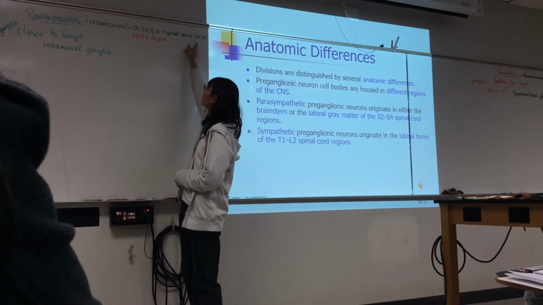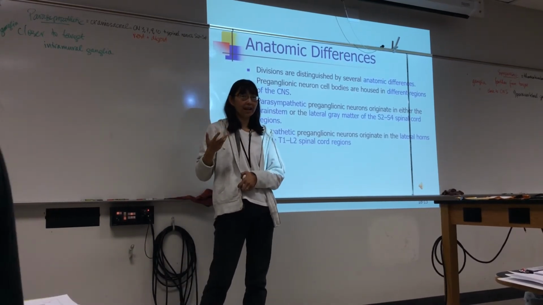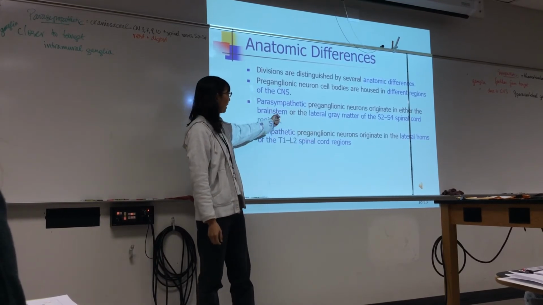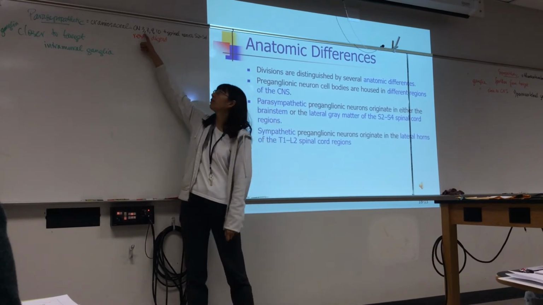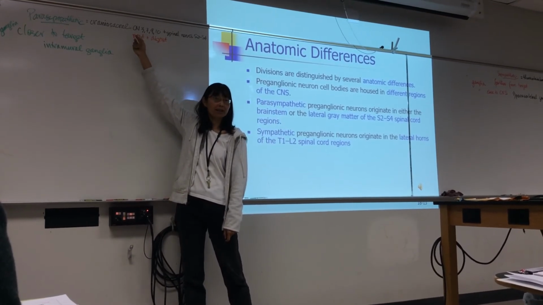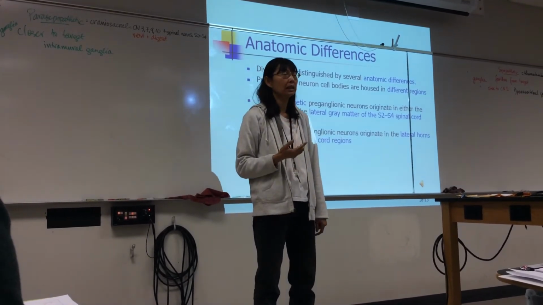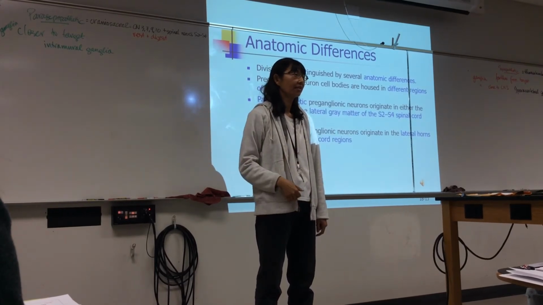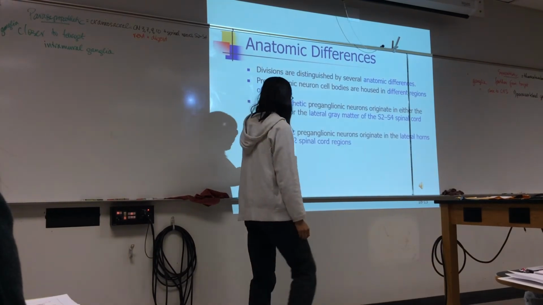That would be the cell body, parasympathetic. Or it is in the brainstem because it involves the cranial nerve. The cell body is there. Where's the cell body for the post-ganglionic? At the ganglion, exactly.